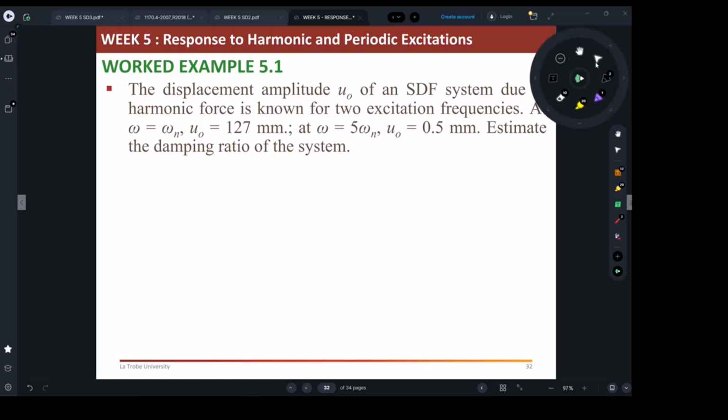Okay, so what we have here is a single degree of freedom system, and the displacement amplitude, was this dynamic or static?